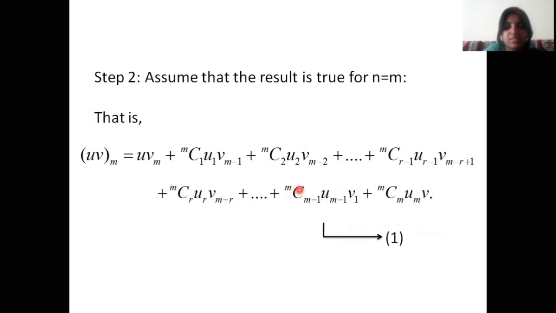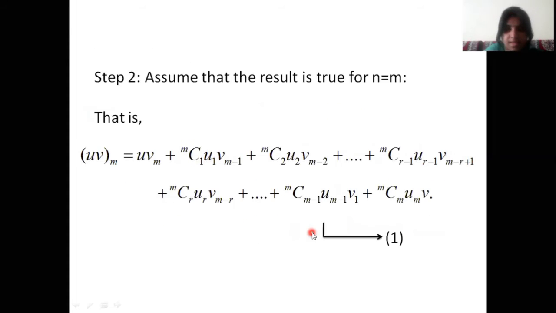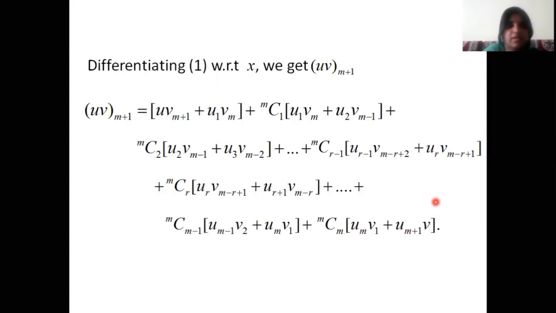This one, mC(m-1) u^(m-1) v^1, keeping this outside, we have u^(m-1) v^2 plus u^m v^1. Similarly, differentiating the last term using the product rule, I have mCm u^m v^1 plus u^(m+1) v. That's it. So this is all about differentiating.